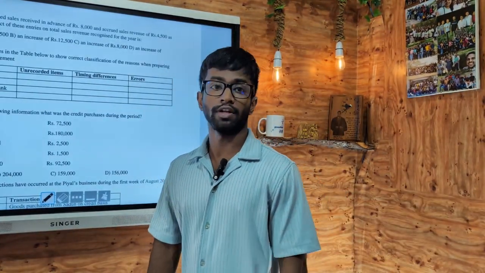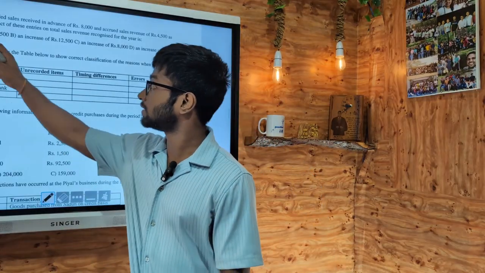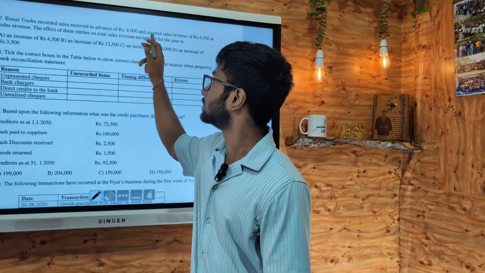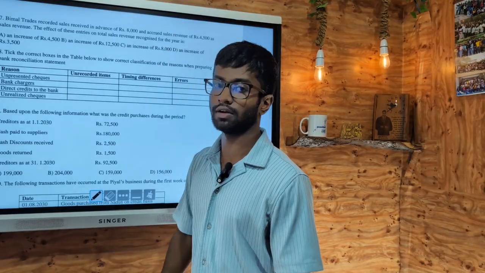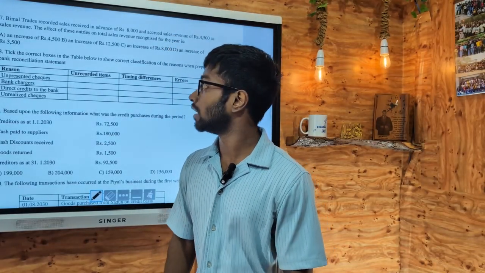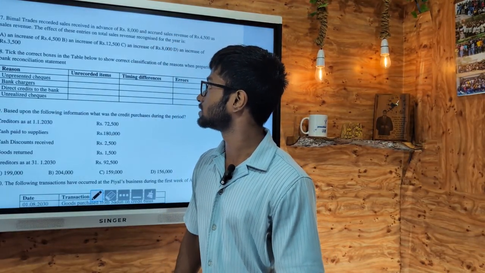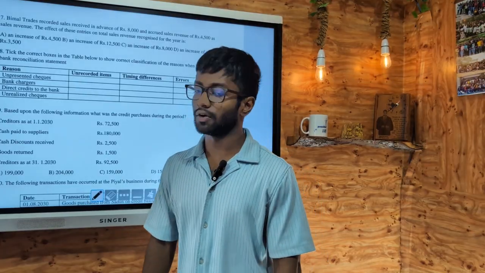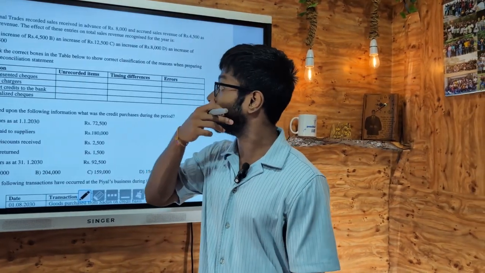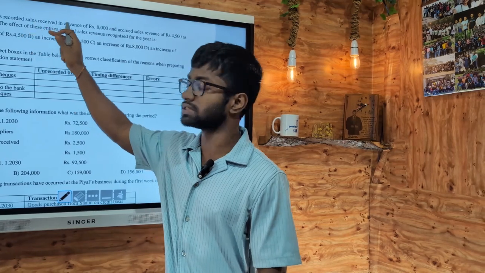So we'll move on to the next question then. It says Demand Traders recorded sales received in advance ₹8,000 and accrued sales revenue of 4,500 in sales revenue. The effect of these entries on total sales revenue recognized for the year. Now here keep in mind, sales received in advance we are not supposed to record under sales because we have gotten an advance, we still haven't provided the goods. So if we record this it would increase our sales.